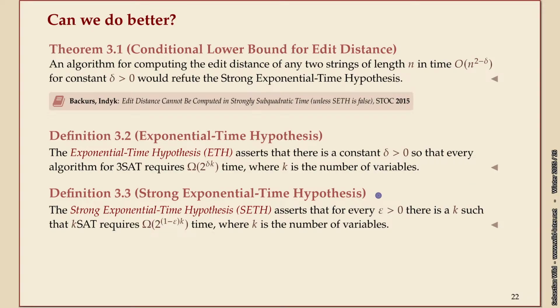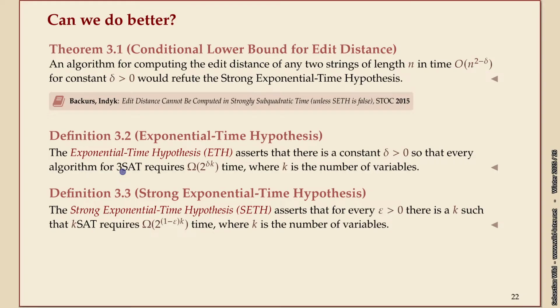The strong exponential time hypothesis makes this assumption a bit more quantitative and a bit more strict, or a bit more strong, hence the name. Here you look at the generalization of 3-SAT, where the clauses have k literals each, not just 3 as in 3-SAT.